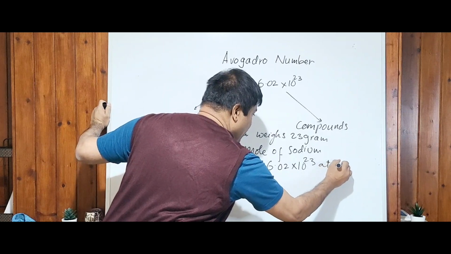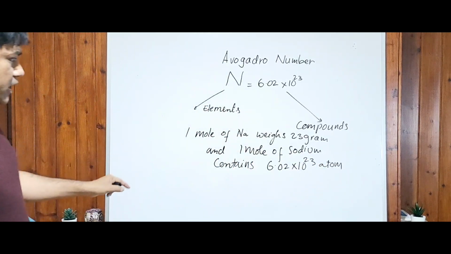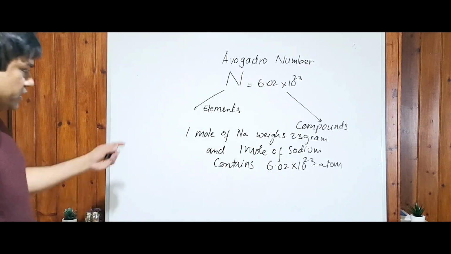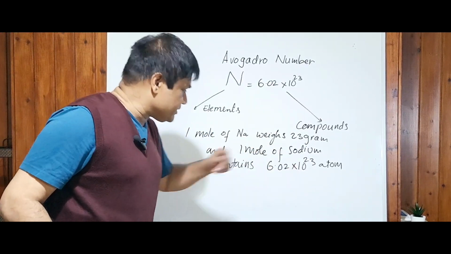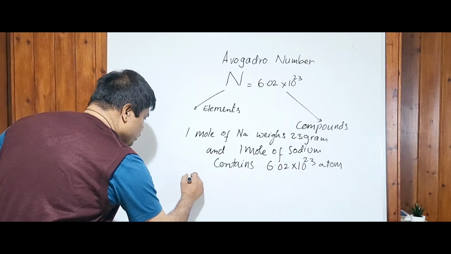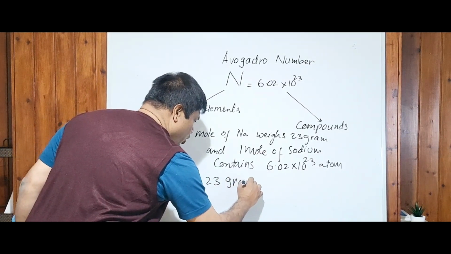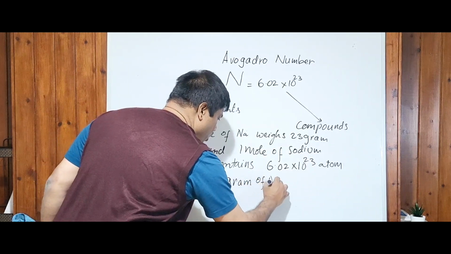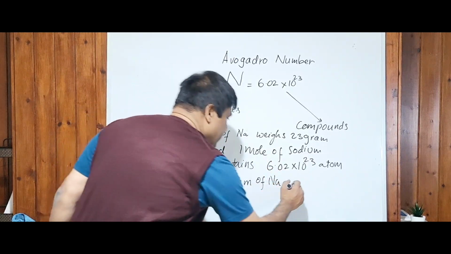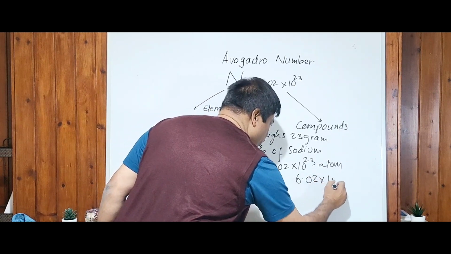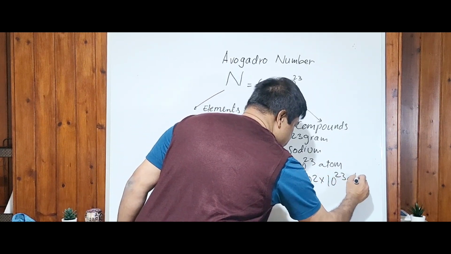So we can relate that 23 grams of sodium contains that many atoms. So 23 gram of sodium, Na, contains 6.02 into 10 to the power of 23 atoms.